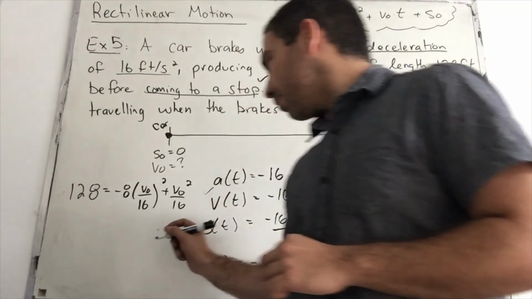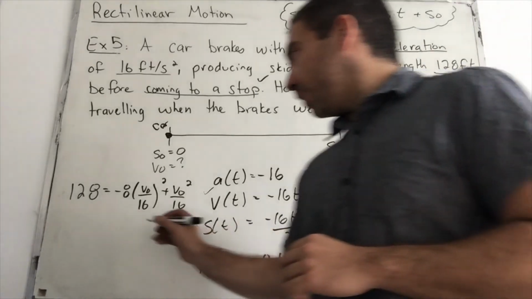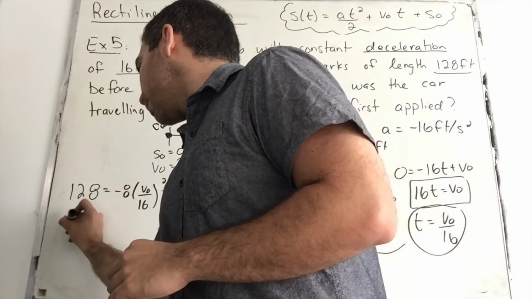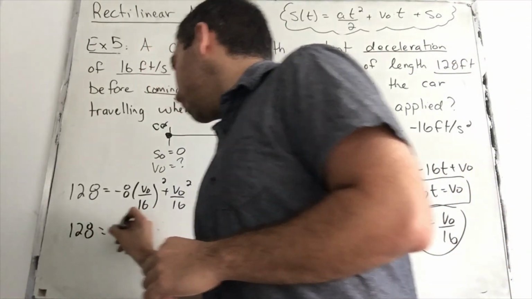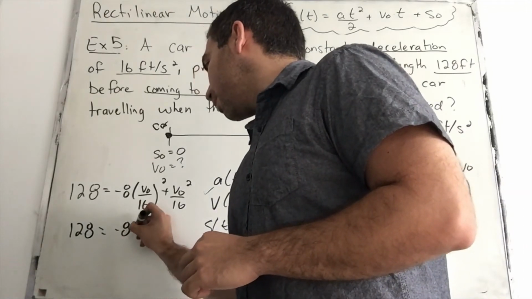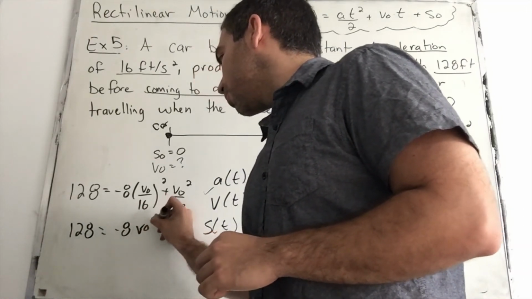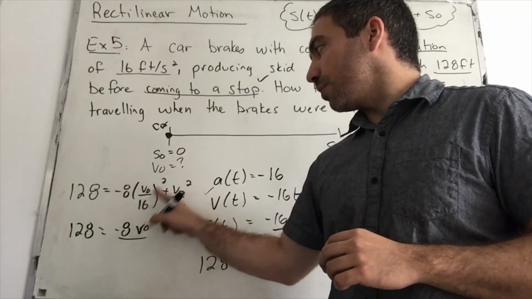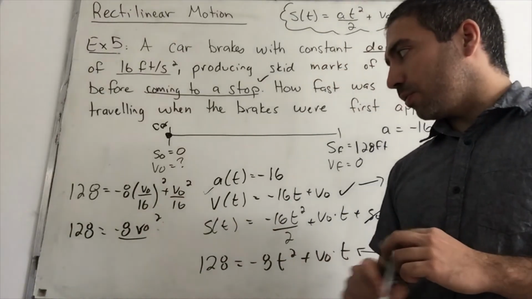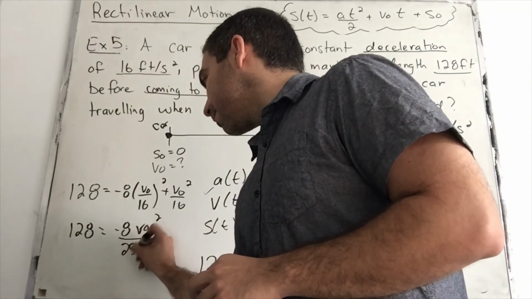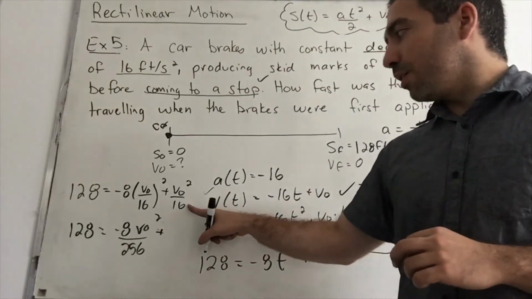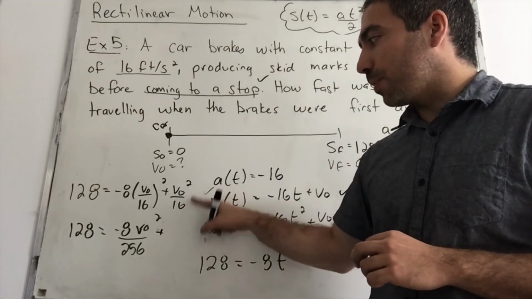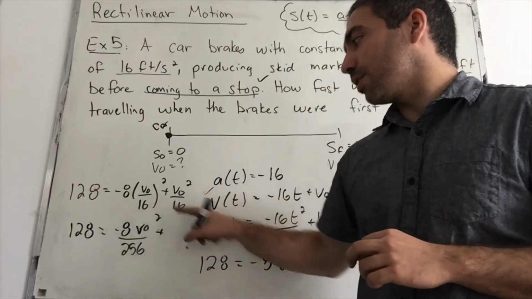And now, what could we do? We could simplify. So we get 128 equals negative 8 v0 squared over, so I'm going to square both terms, over 16 squared, which is 256. Plus, over here we have 16 on the denominator. I'm just going to multiply the top and the bottom by 16 to have the same denominator because we have fractions.